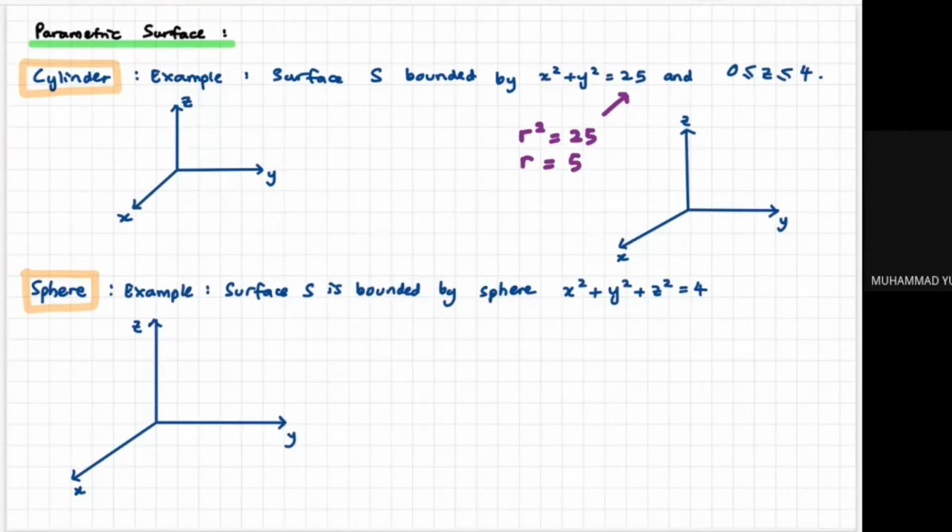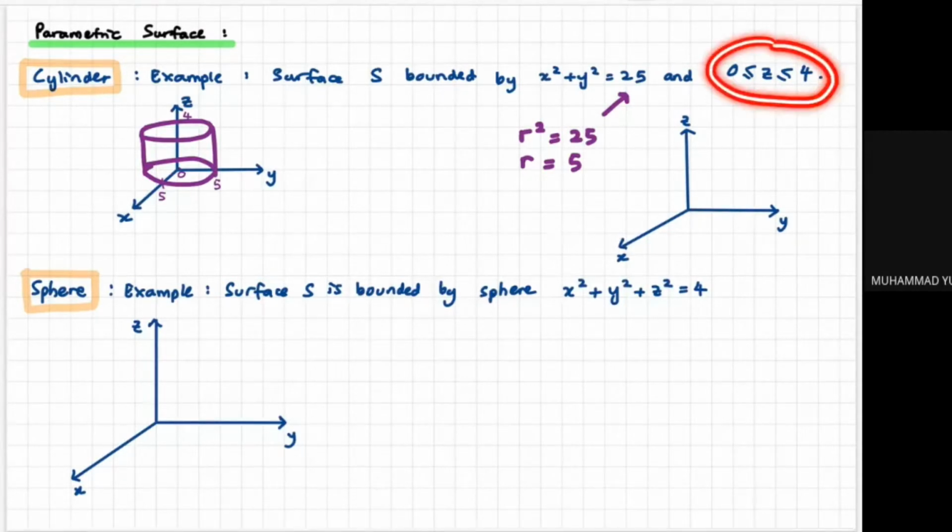Let's draw this. Here z is from 0 to 4, and the radius here will be 5. So this is the cylinder.